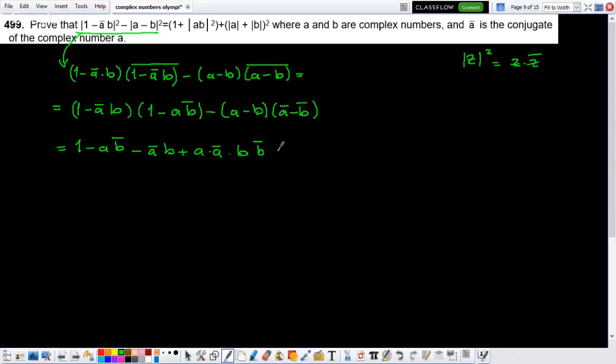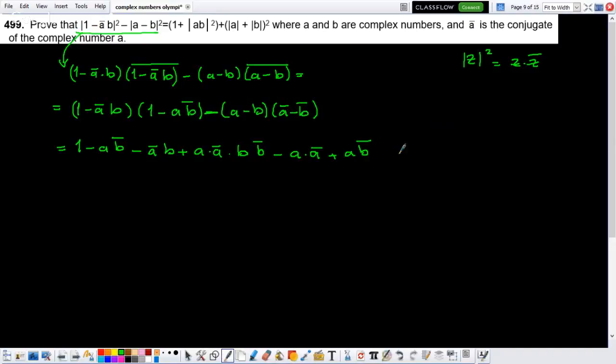Then I'm going to multiply all the terms with the minus sign. Minus a conjugate a conjugate, because there's a minus in front of it. Here a times minus b conjugate is equal to minus a b conjugate, and with one more minus it's going to be plus a b conjugate.